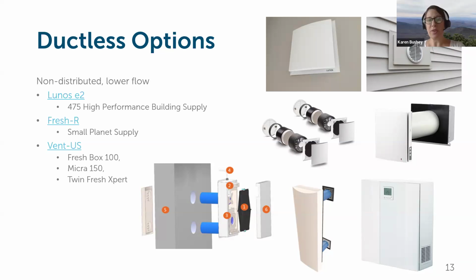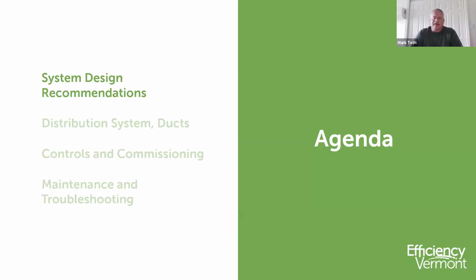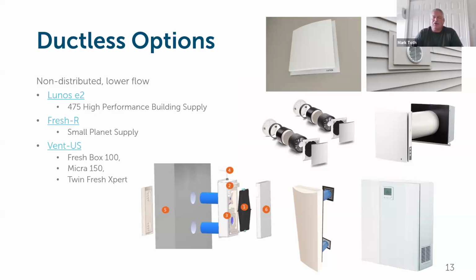Otherwise, it really can add up with the number of penetrations through the wall, the number of pairs of units if you have the single hole type, and you're not getting the benefit that you intended to get in the first place with these units. So they are good for certain applications, but in general, for new construction, single family homes or even multifamily, we're finding they're not the best solution. Right. It definitely has its place, but not as a whole house ventilation system in most cases.